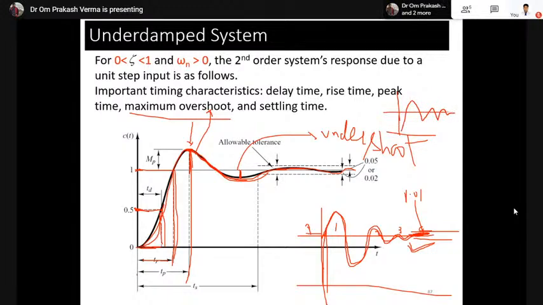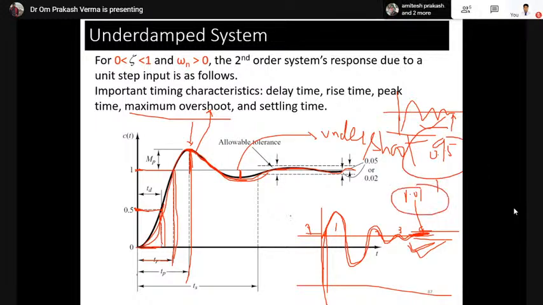Okay, and this is the final value. So let's say this is 0.95. The value may be like this one, or like this one, or it achieves one also. So it depends on the condition, on what you are achieving. So this is 0.95 or 1.01.